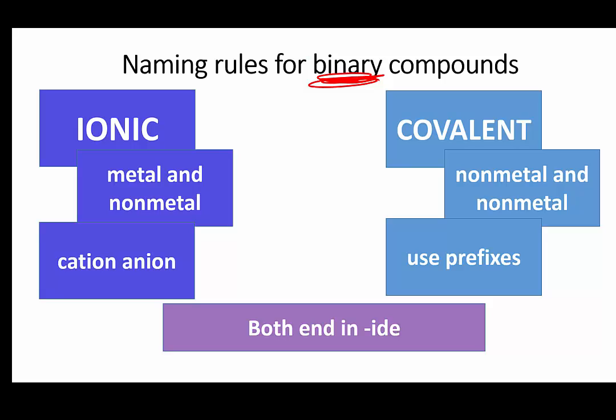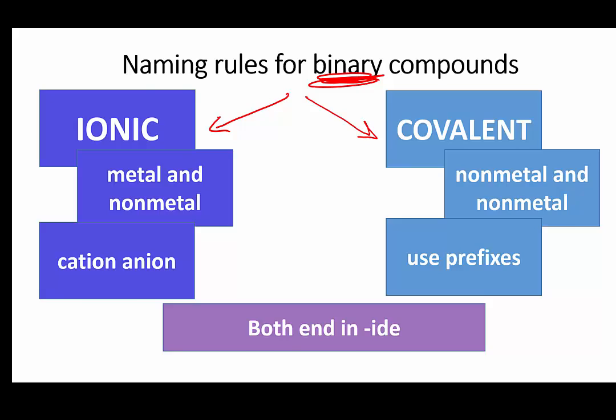That's what that binary means right there. Binary compounds with just two elements. Now, we're going to be looking at two different naming systems for binary compounds: one for binary compounds that are ionic, and one for binary compounds that are covalent.